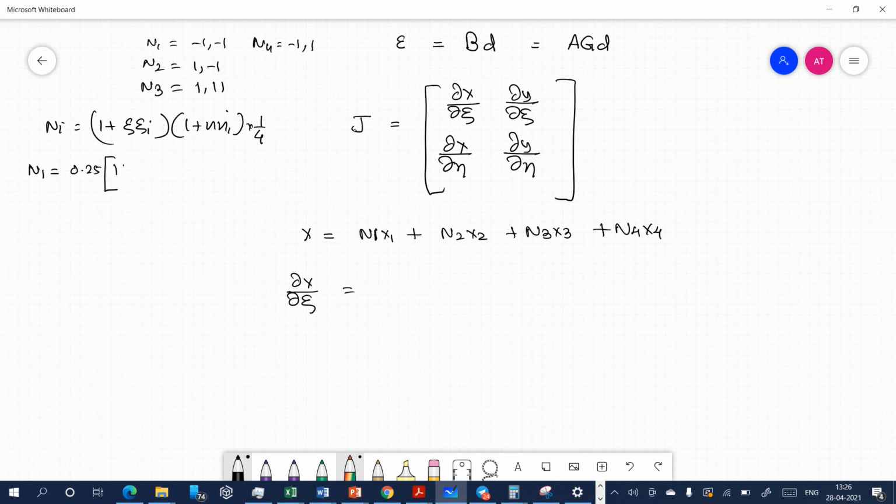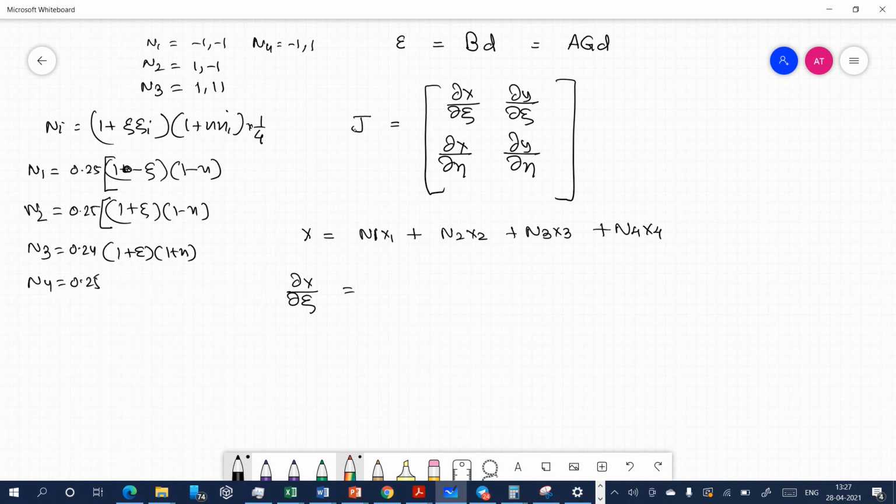First is 1 minus zeta into 1 minus eta. Then N2 I will have 1 plus zeta, 1 minus eta. N3 I will have 1 plus zeta into 1 plus eta, and N4 I will have 1 minus zeta into 1 plus eta. So these are N1, N2, N3 and N4.